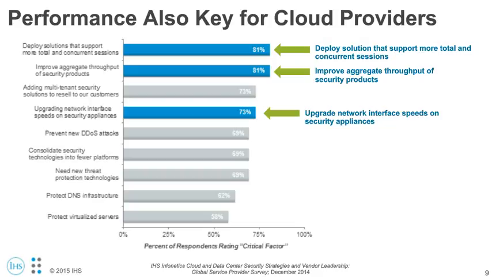And that's a change that a lot of firewall vendors have really focused on in the last 5 years or so, supporting 10, 20, 50 times increases in the number of sessions they support. But also improving aggregate throughput, upgrading network interfaces, the same performance-related issues.